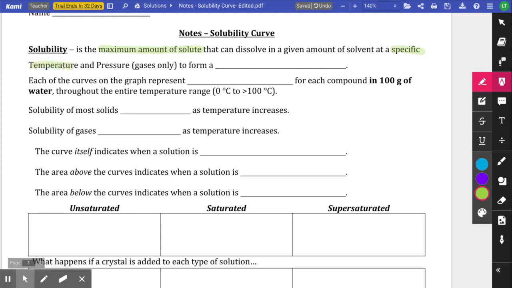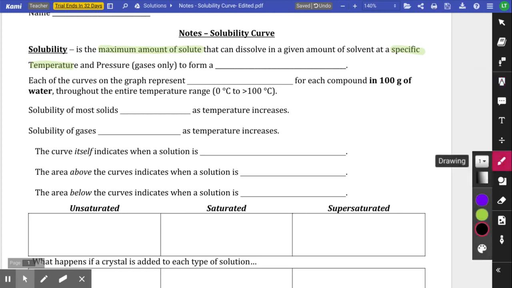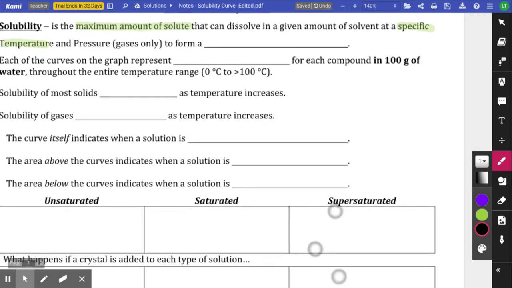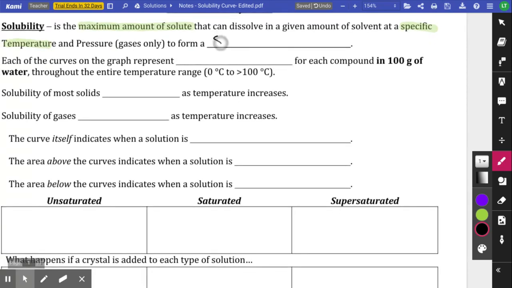And pressure only relates to gases, and we'll talk about that in a little bit. So, how much solute can dissolve in a certain amount of solvent at a specific temperature and pressure to form a solution.